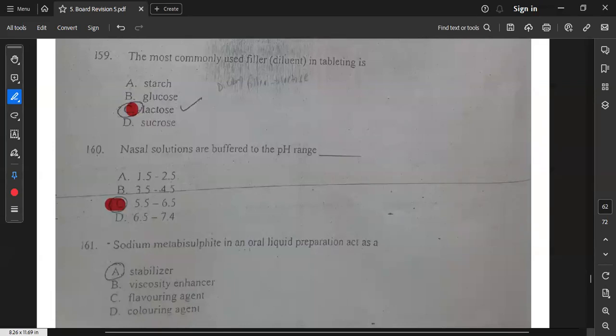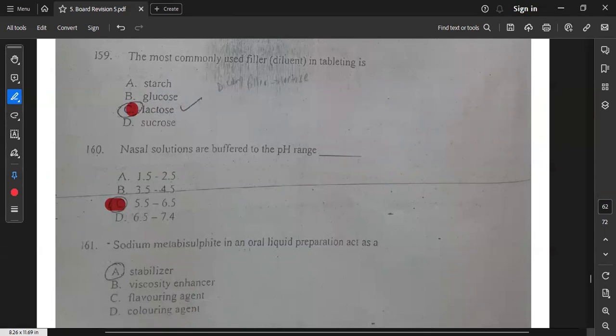But normally it's about 4.5 to 6.5, yeah? I think that is the pH of the nose, so it has to be prepared in the range of the nasal pH.